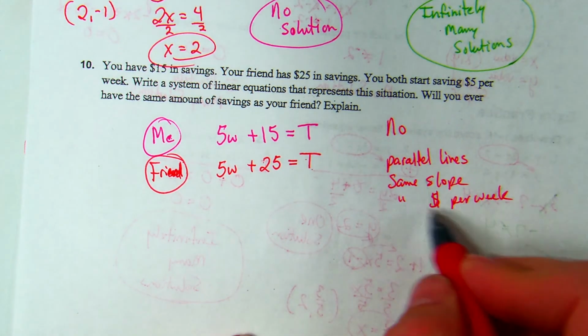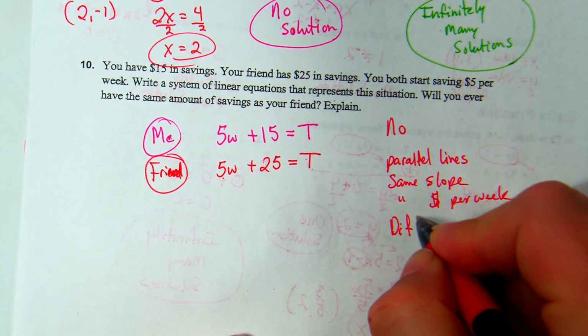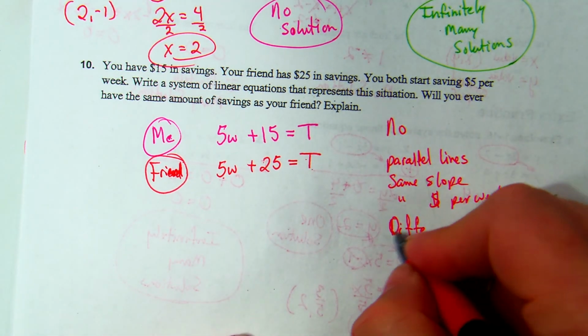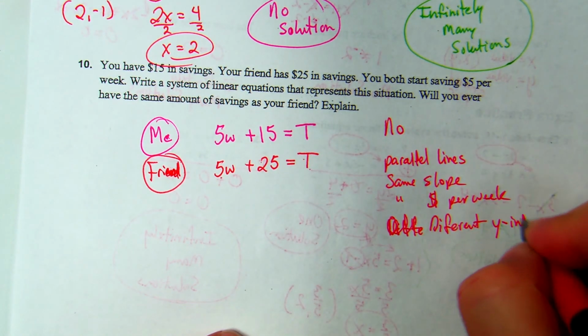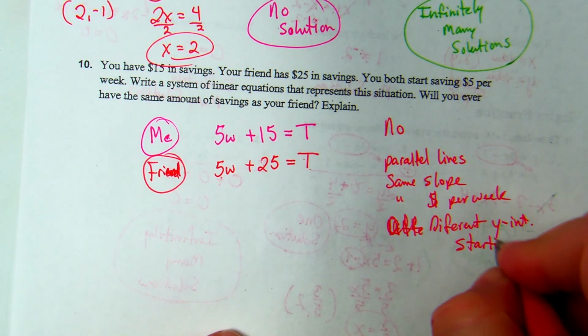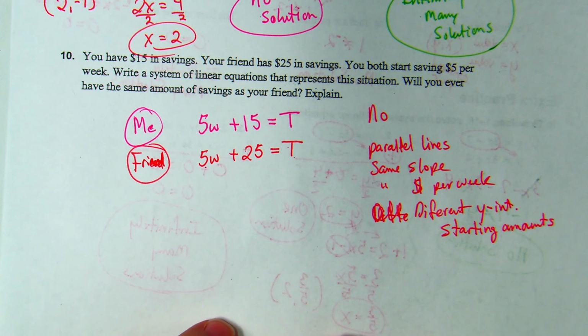But we have different y-intercepts or starting amounts. And because we started at different levels, as long as we continue to put the same amount in per week, we will never reach the same value or same total in our savings. We'll never intersect, we'll never cross, because we have the same slope.